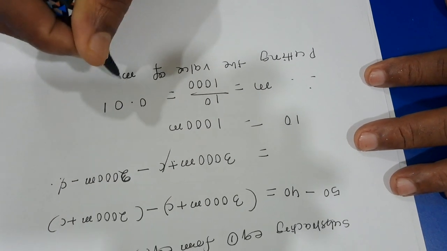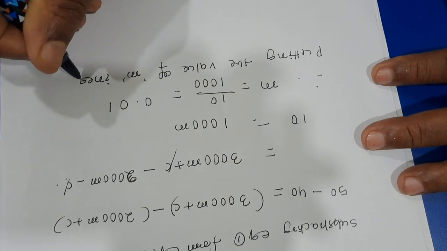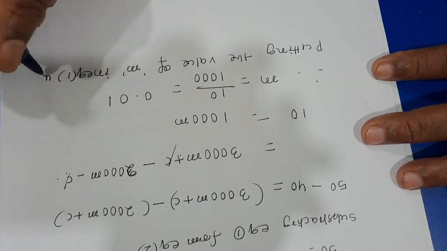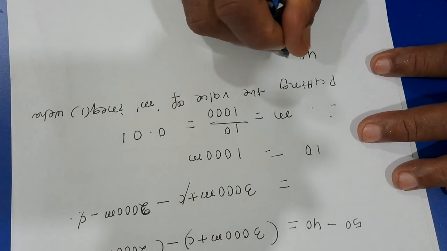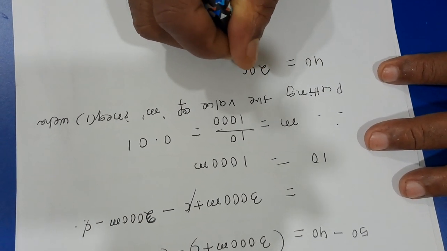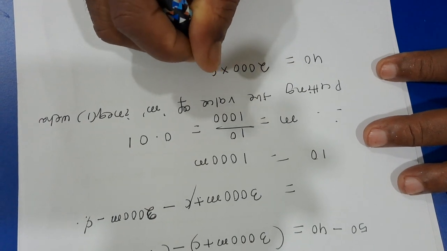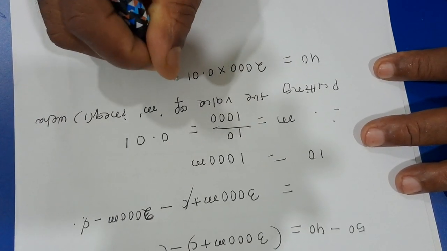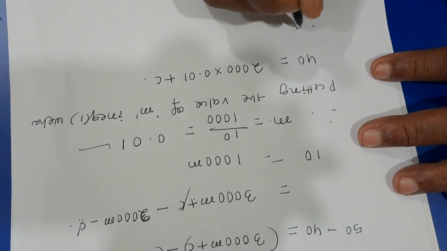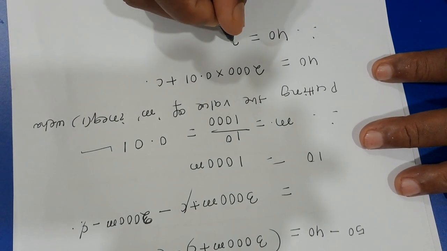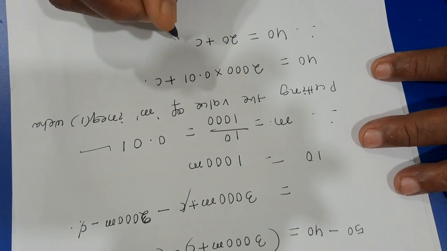Now putting the value of m in equation 1, we have 40 is equal to 2000 into 0.01 plus c, because m is equal to 0.01, or 40 is equal to 20 plus c.